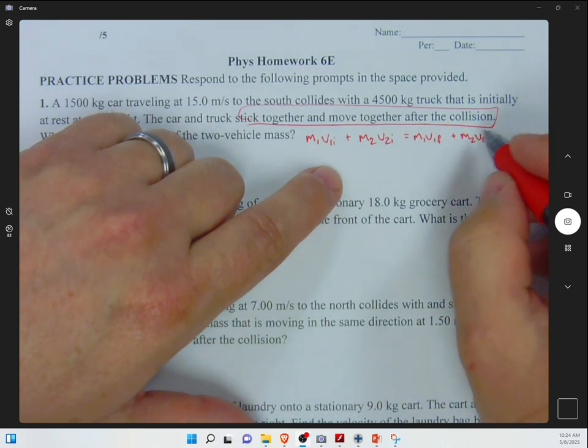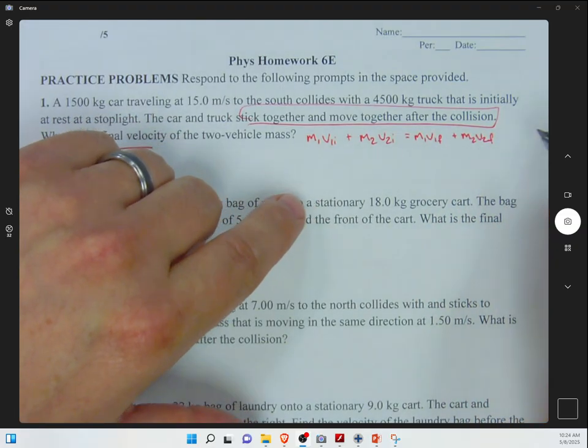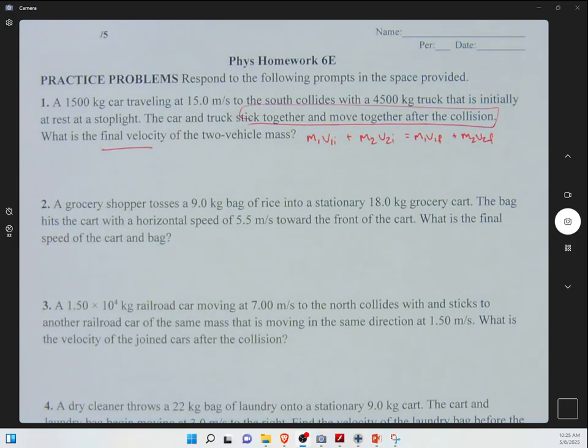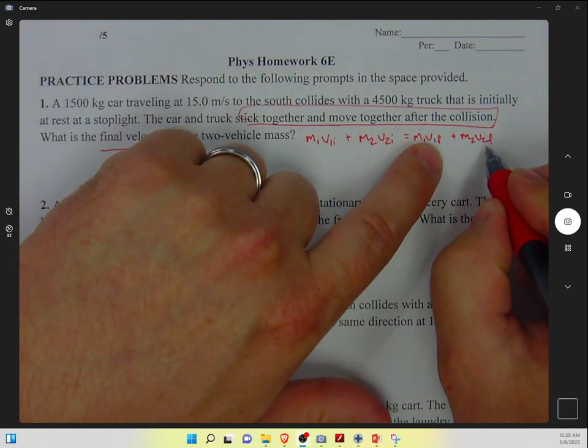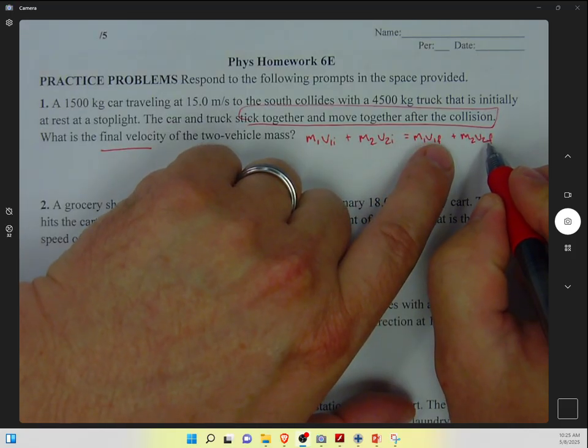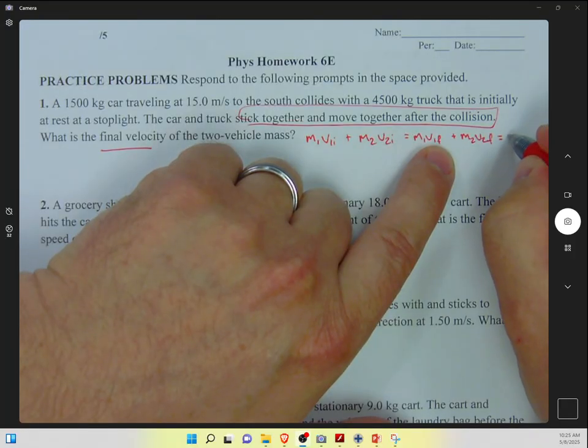What I'm actually going to do is factor out the V final because they're operating as one mass, the final velocity for both of them is going to be the same. And what that means is I can factor out, right? These two values right here are the same. Both of these velocities are the same. So instead, I can have this represented this way.